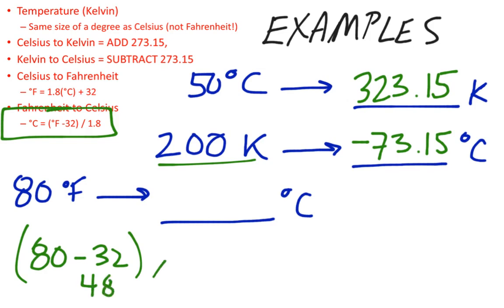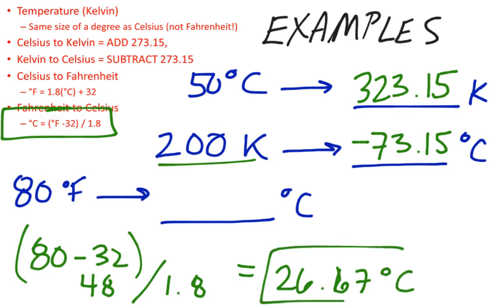We're then going to take 48 and divide it by 1.8 and get our answer of 26.67 degrees Celsius. 80 degrees Fahrenheit is 26.67.